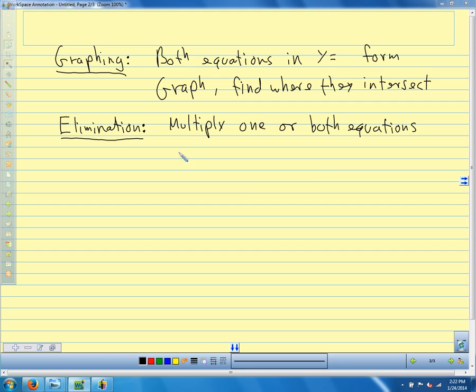One or both equations by a number, so that when we add them together, one of the variables goes away.